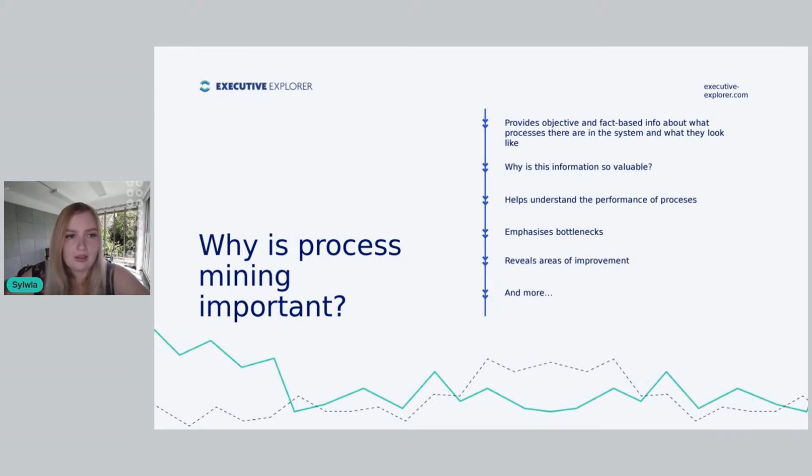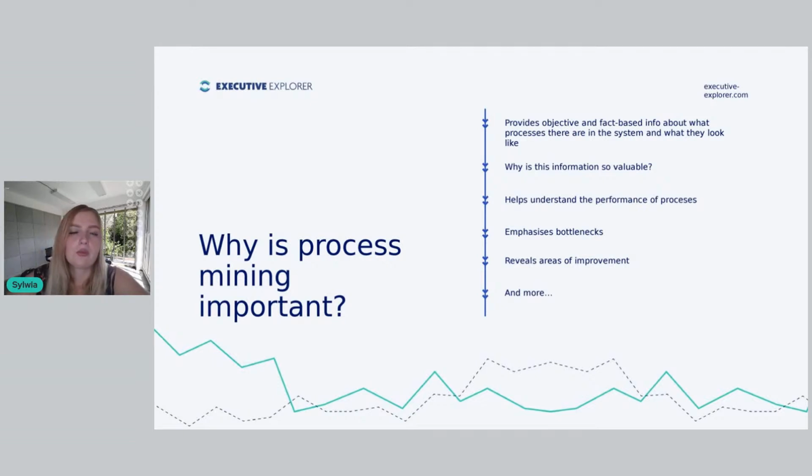And why is this information so valuable? First of all, it helps you understand the performance of processes. As I said, you really see what is happening in the system, what users are doing. Maybe different users use different approaches to processes and use completely different variants, some more effective than others.